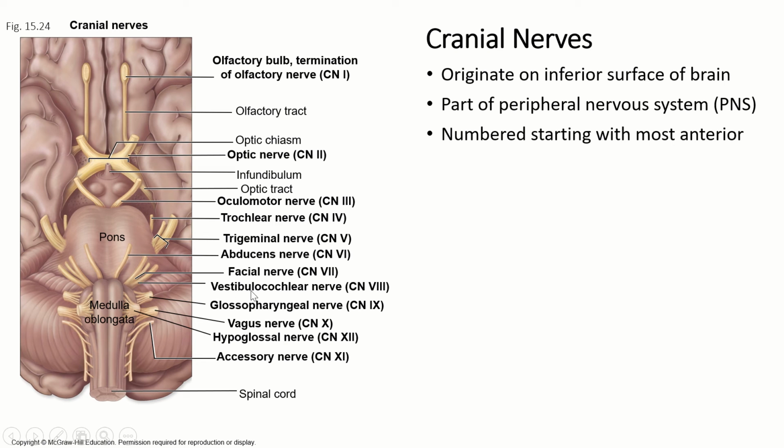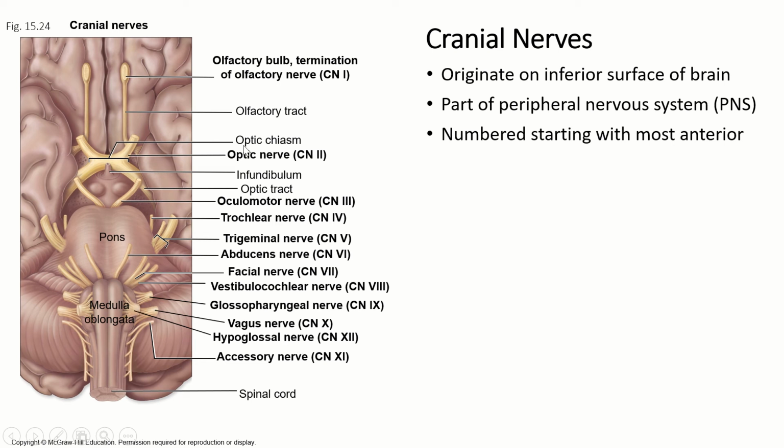Vestibulo, your equilibrium, and cochlear is going to handle the hearing. Then we have glossopharyngeal. Glosso meaning tongue, pharyngeal meaning pharynx. This is going to go to the tongue and the pharynx. Vagus nerve is going to go to your internal organs. 11 is the accessory. This is the only place where the numbering is a little weird. Accessory goes to your neck, and hypoglossal again goes to the tongue.